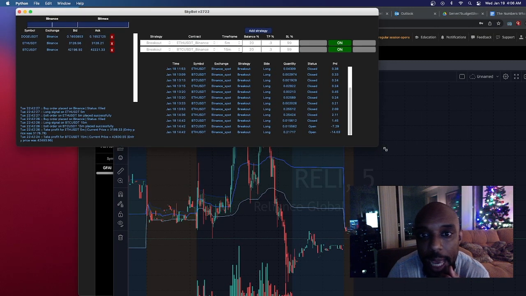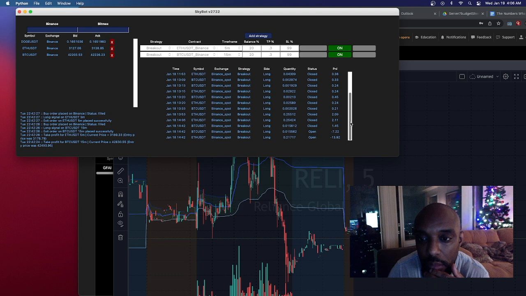The SkyBot prices are dipping a little bit below where we came into these trades at for Bitcoin and Ethereum, but that's okay. It's okay. Everything else is functioning superbly.